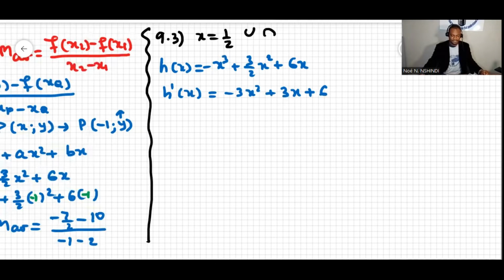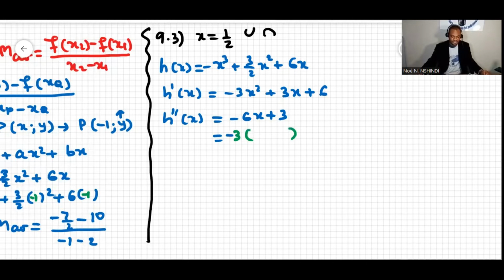Then the second derivative will be negative 6x plus 3. Now I can take negative 3 as a common factor.